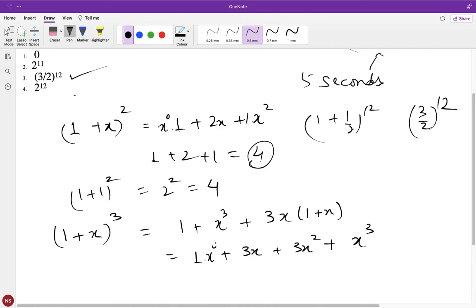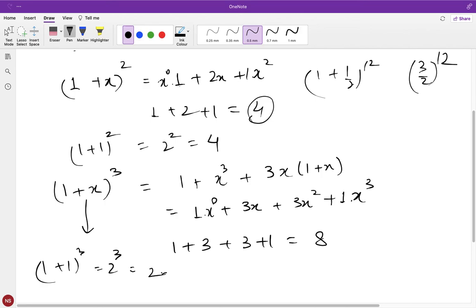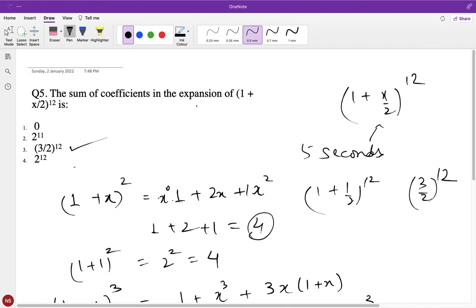This is x raised to the power 0. So sum of all the coefficients is what? This is 1. 1 plus 3 plus 3 plus 1, which is 8. If I put x equals to 1 here, what do I get? 1 plus 1 cube is 2 cube. 2 cube is what? 2 times 2 times 2. 2 into 2 is 4. 4 times 2 is 8. So this formula works. Just put x equals to 1 into this and it's done.